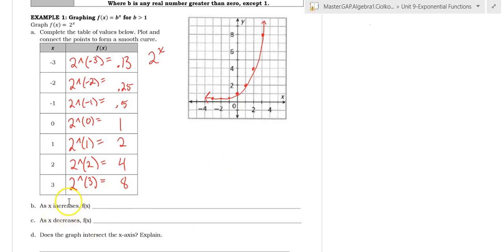So this question is, as x increases, f of x. So we're saying as x gets bigger, it goes up. So f of x also increases. As x decreases, so as it gets smaller, we're going down. So f of x also decreases.